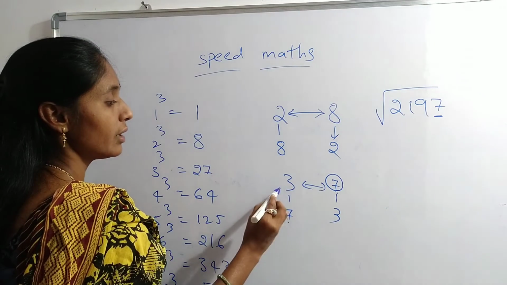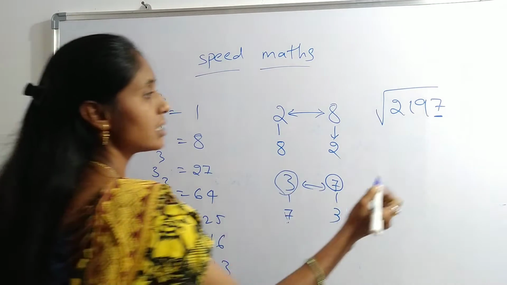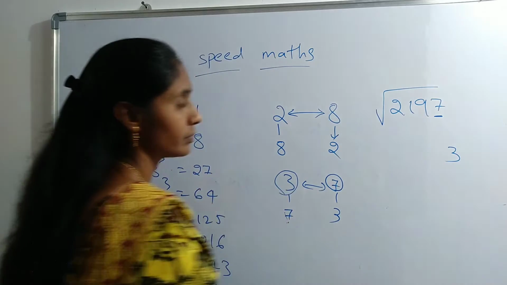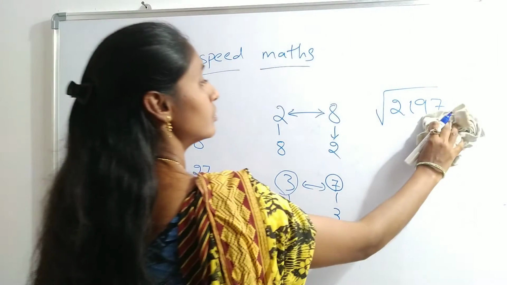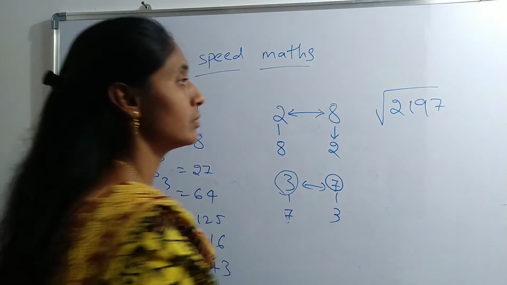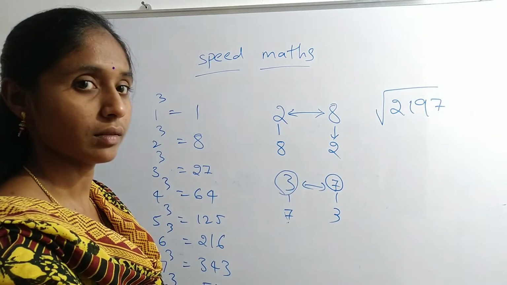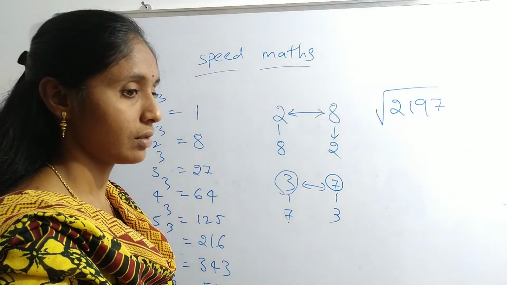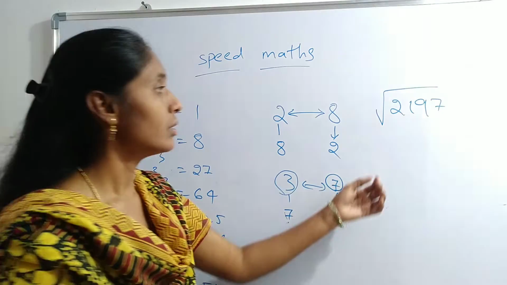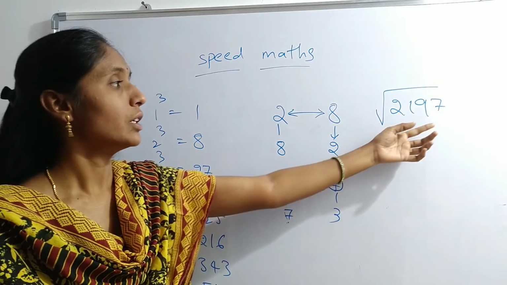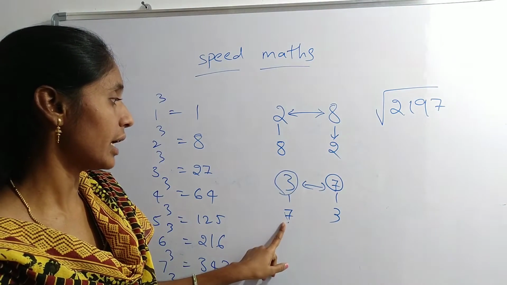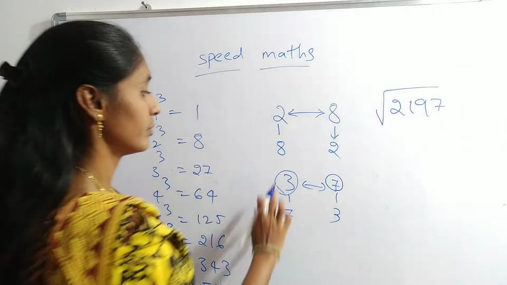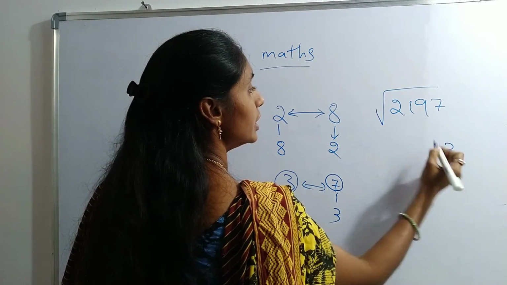So we can expect 3 as the unit place of the cube root.